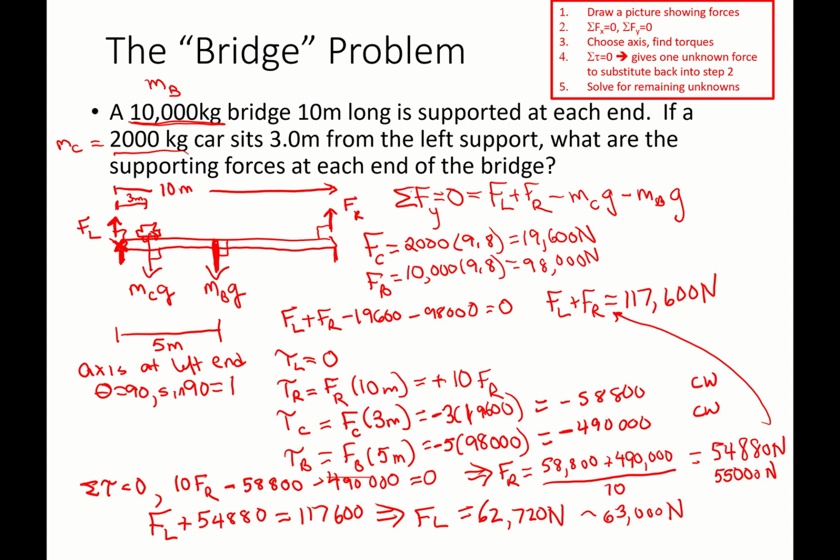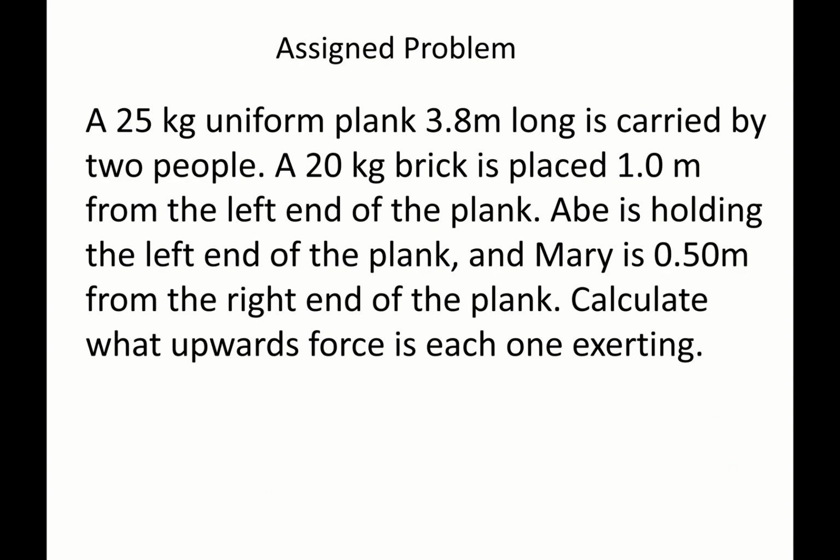So the steps are always the same when you solve the problem. Draw all the forces, write that the net force is equal to 0. Usually that will leave you with 2 unknowns still. Then get another equation by writing the torque equation. The torque equation will give you one of the unknowns that you can put back into your force equation to give you the other unknown.